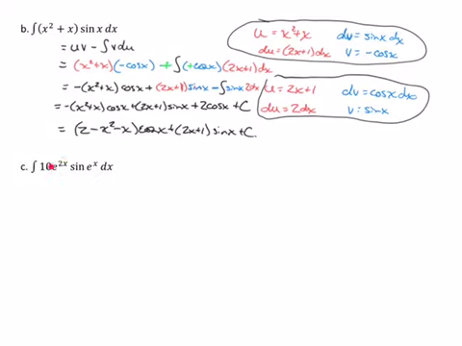So let's think about how we can produce e to the 2x from some algebraic maneuver. E to the 2x, you can look at it in one of two ways. It's either e to the x, that quantity squared, or e to the x times e to the x. I'm going to use the second one that I said there. So this is going to be the integral of 10 e to the x times e to the x sine of e to the x dx.